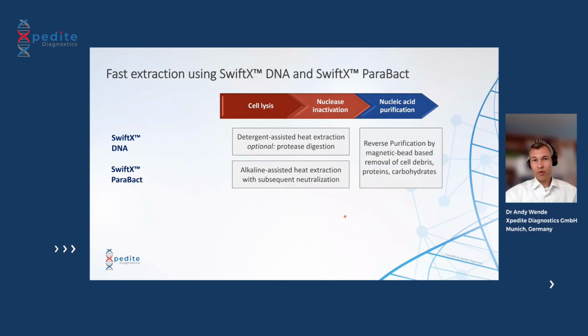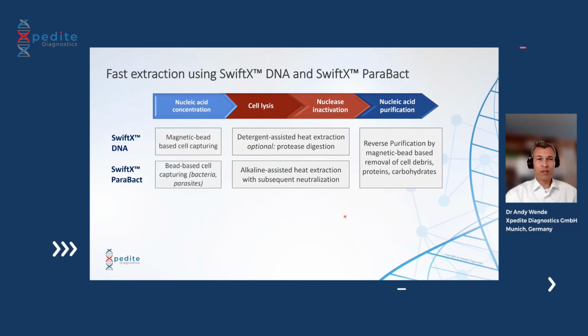The nucleic acid purification, or let's say reverse purification, we do with these magnetic beads that bind the cell debris and proteins and carbohydrates, so all these high molecular weight compounds. And the smart feature in our products is that by switching the buffer, we can use the same beads which are used for the reverse purification upfront for capturing of various cells, like epithelial cells, white blood cells, and also lots of different bacteria and parasites.